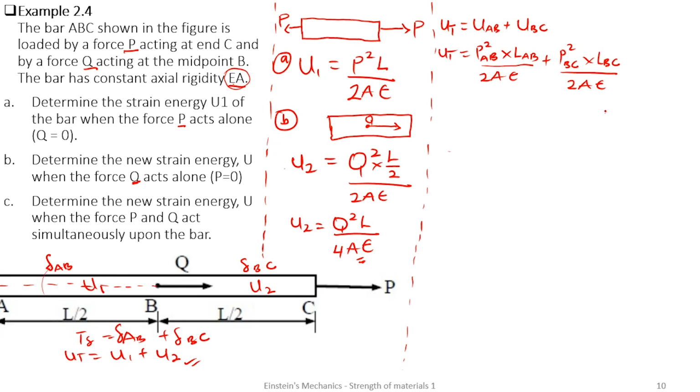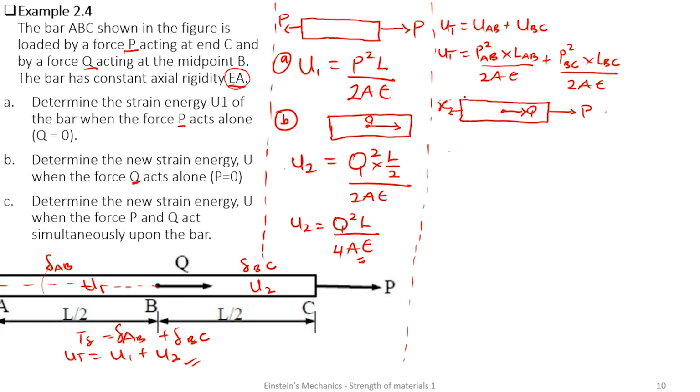But what is happening when these two forces Q and P are in position? Let's draw the free body diagram. We can see that this is the free body diagram, and Q is in position. P is also in position. Therefore, there's going to be a reaction opposing this force. Let's call it X. Are we good?